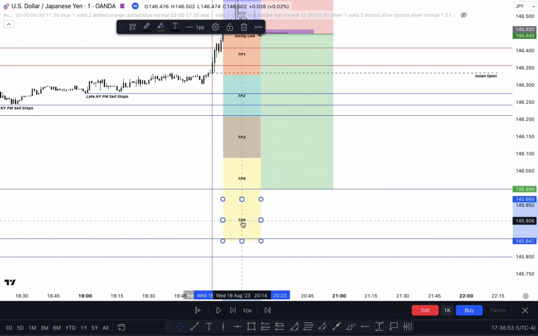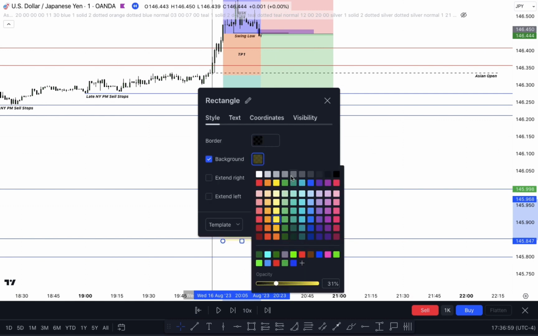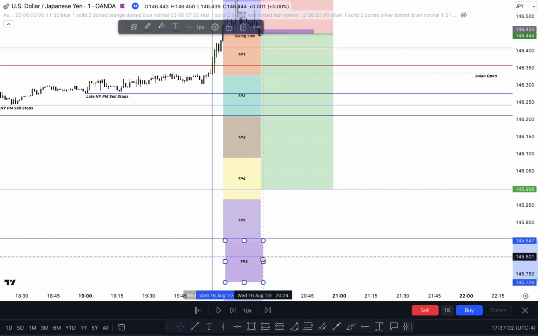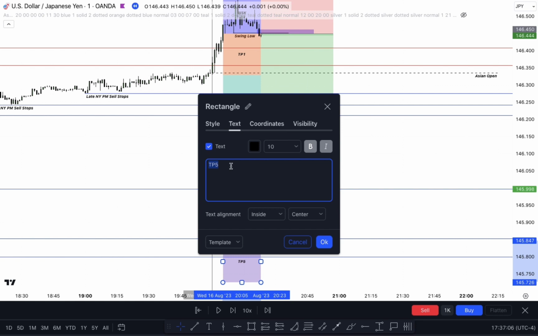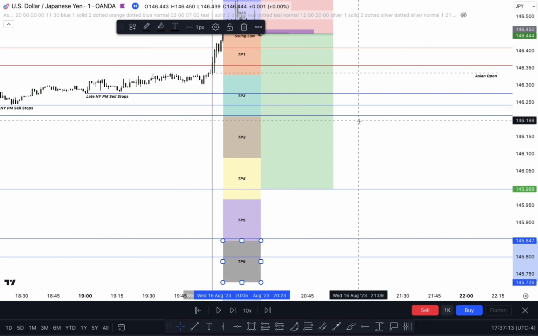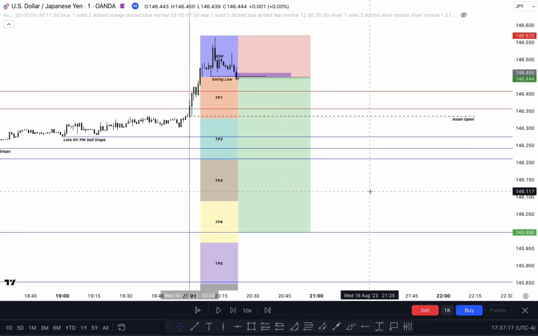This is how my brain operates and calculates this. TP5 and how I break it down. TP5. Purple. TP6. Change the color. Yeah. So you got your risk and your potential take profits there on where you would want to scale out.